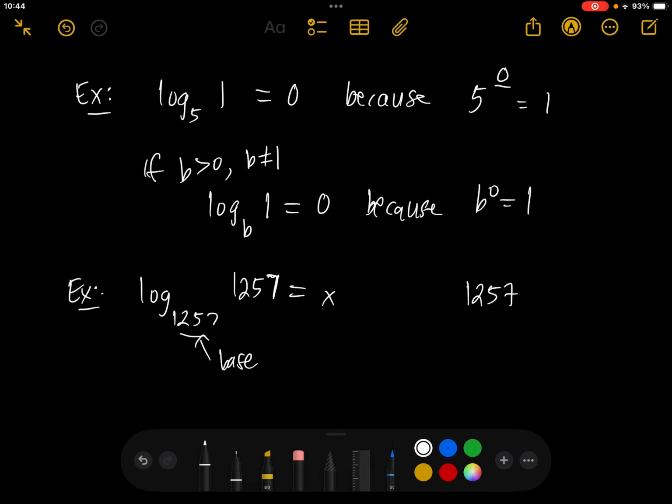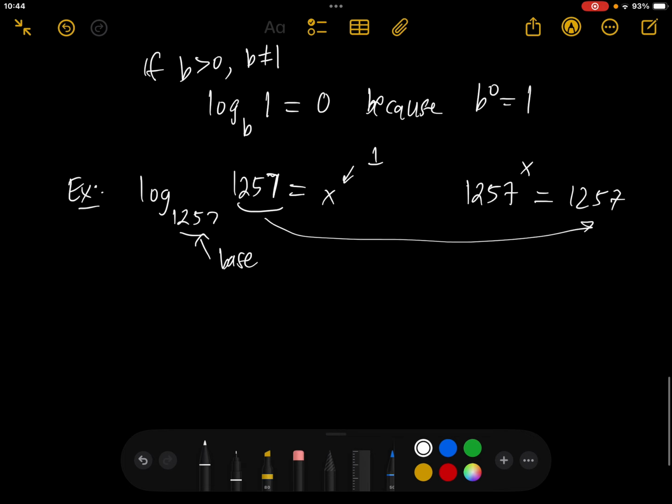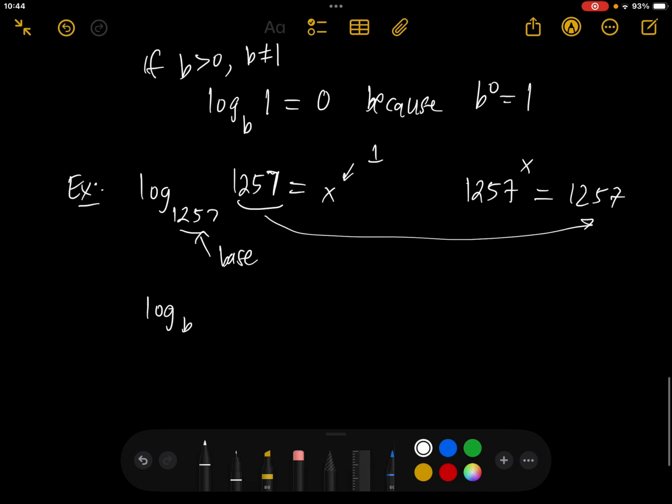So what x do we have to raise 1,257 to in order to get this number, 1,257? Well, now we know what the answer is. It's 1. So x is equal to 1. So in general, log base b of b is 1 because b to the 1st power is b.